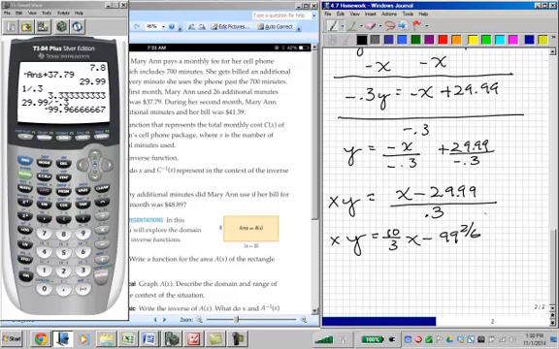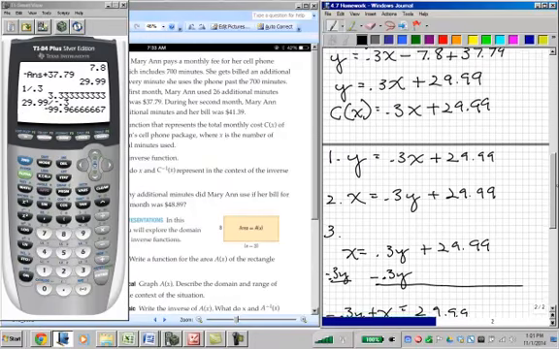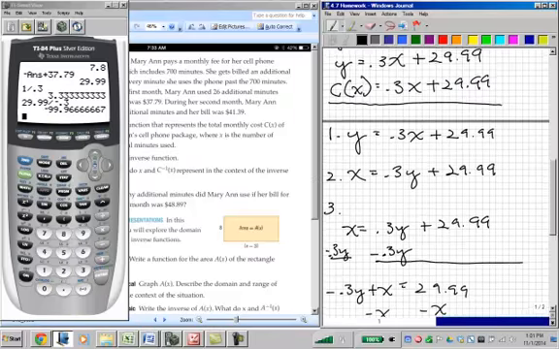Okay, what does this mean? What have we found? This inverse, what is it? Now, here, what do we have up here? This is the monthly cost. So what's this?